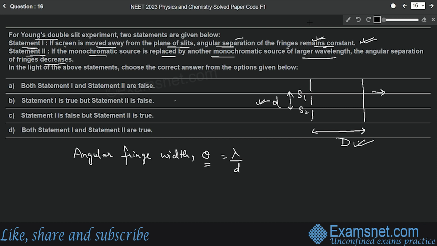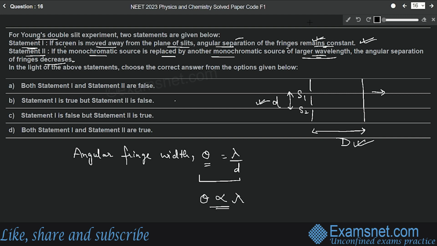Now the second statement says if monochromatic source is replaced by another monochromatic source of larger wavelength. So in this case, wavelength increases, then the angular separation of the fringes decreases. So here from this formula we can see that the angular fringe width is directly proportional to the wavelength, right? That means if wavelength will increase, then angular fringe width will also increase.